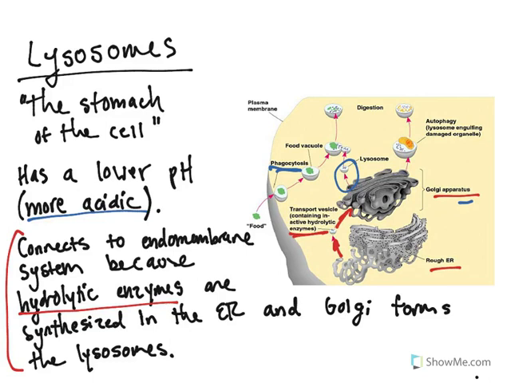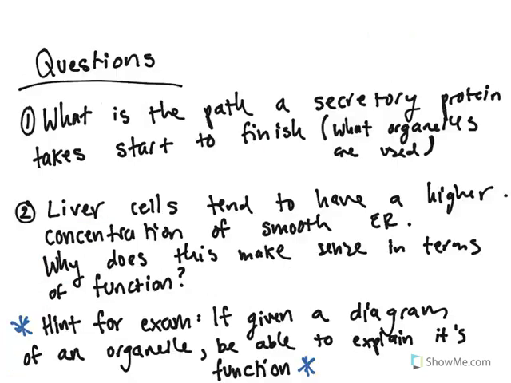And lysosomes also can fuse to secretory vesicles and break down the contents inside those. So that's how it can also connect. And then again, they're going to be used digesting food and things like that. I want to point out that this process is endocytosis, just making a connection. That's covered in a different video as well. So that's really the gist on the lysosome, the stomach of the cell.